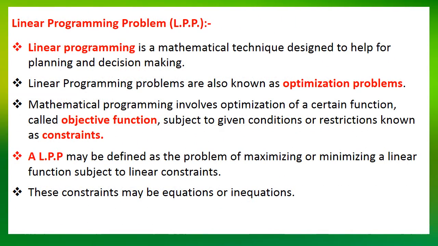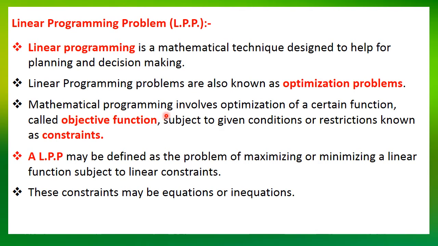Now we will learn about the linear programming problem in detail. Linear programming problem, or LPP. Linear programming is a mathematical technique designed to help for planning and decision making. Linear programming problems are also known as optimization problems.